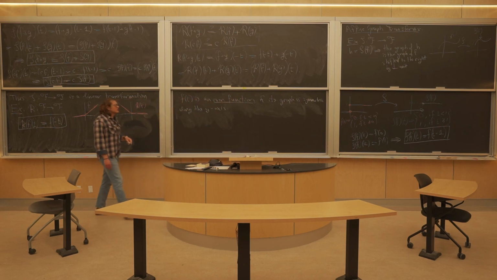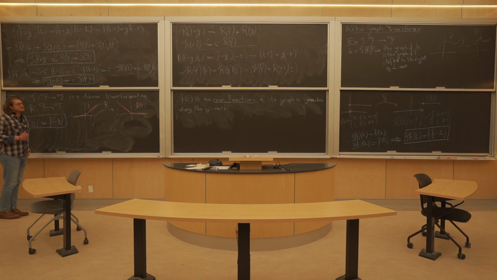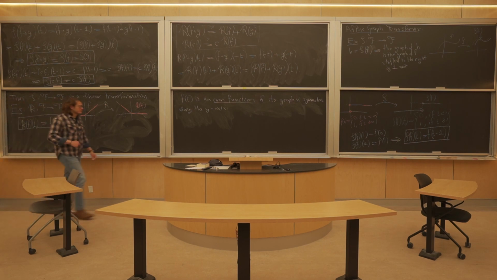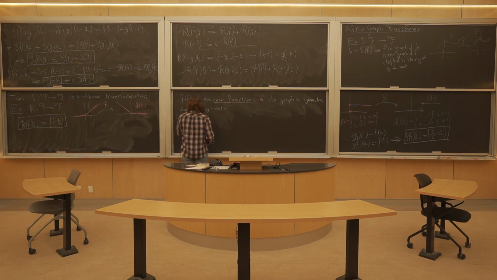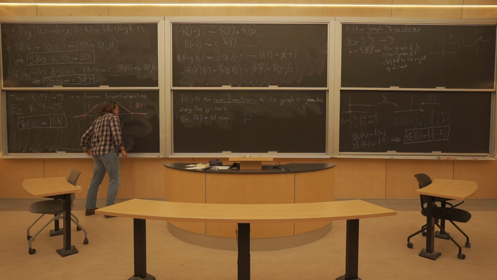For instance, the absolute value function is an even function. Okay. So f of t, which is t in absolute value, is even. Right? Because its graph looks like this.